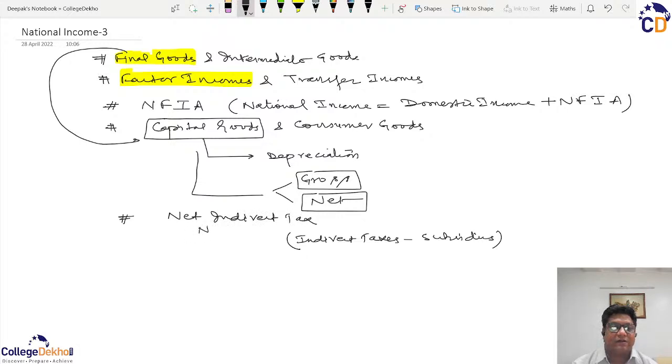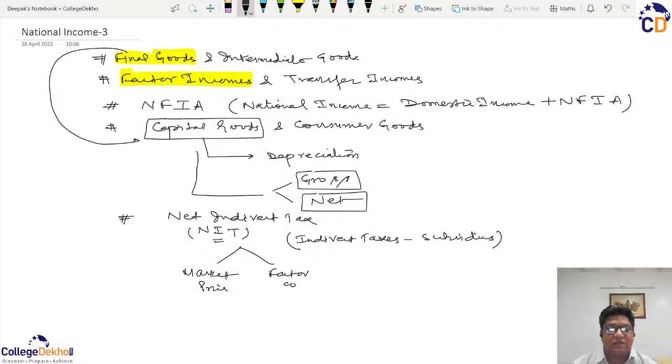that is NIT. So we can have the value of the goods or the services of the final goods either without these net indirect tax figures or with net indirect tax figures, and therefore we will have this concept of market price and factor cost.